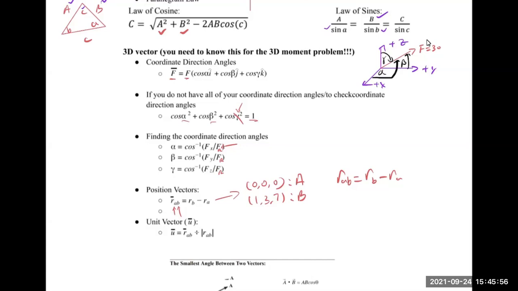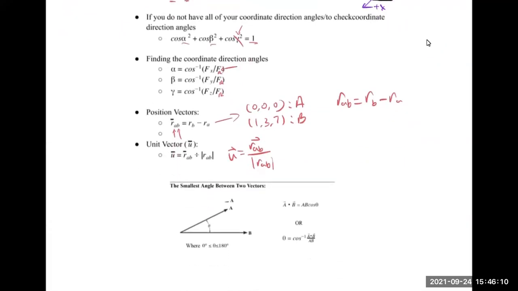For the unit vector, it's simply the position vector R_AB divided by the magnitude of that position vector. After you find the unit vector, you are able to find the force vector, which is simply the magnitude of the force multiplied by the unit vector.